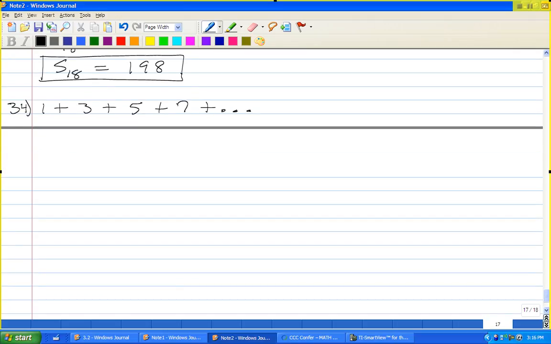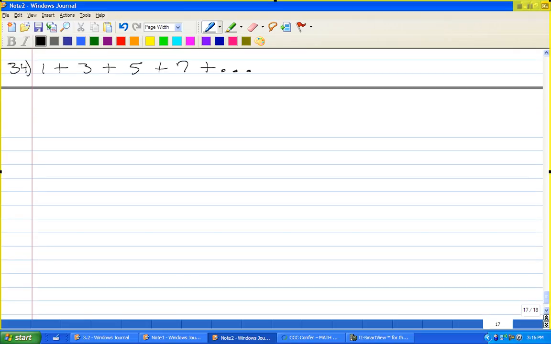And so, let me use the following formula. S sub n is equal to n over 2.